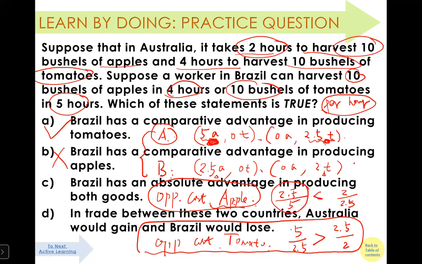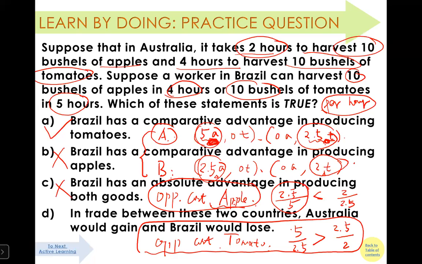Now C, Brazil has an absolute advantage in producing both goods. This is exactly wrong, the exact opposite, right? Because Australia actually has absolute advantage in producing both goods because 5 is greater than 2.5 and 2.5 is greater than 2. So this is not correct.